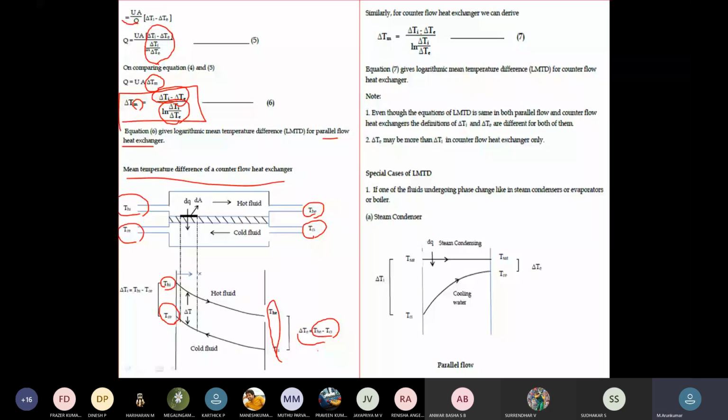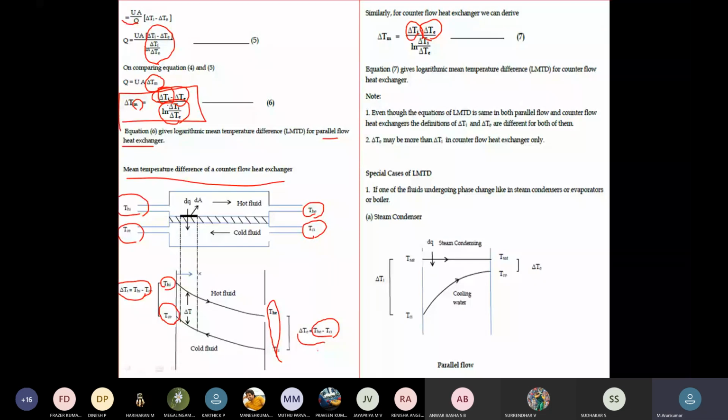We know very well how delta Ti and delta Te will be. In counter flow, delta Ti will be Thi minus Tce, whereas in the case of parallel flow, delta Ti will be Thi minus Tci.